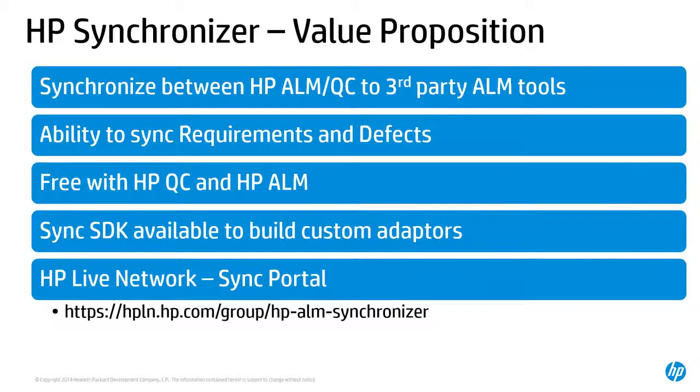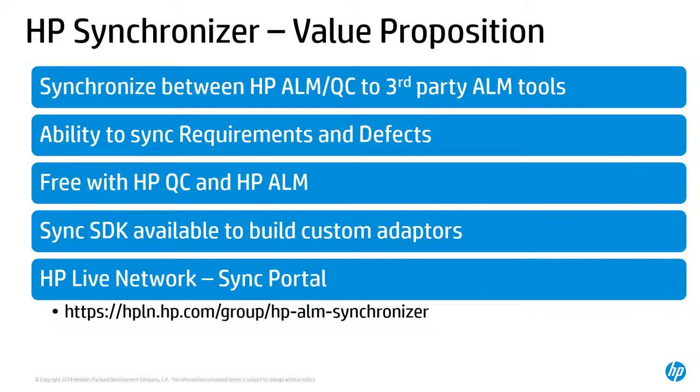Now, one of the key things that has happened in the marketplace over the past few years is that there's been a proliferation of multiple tools used for tracking entities, and especially with defect tracking, we've seen a lot of Jira being used. You also have developers who tend to have a bias towards one tool versus another.